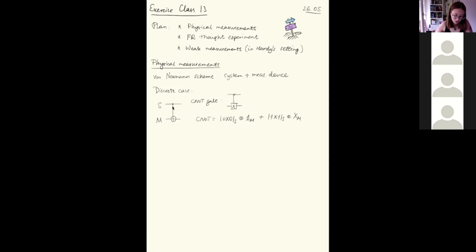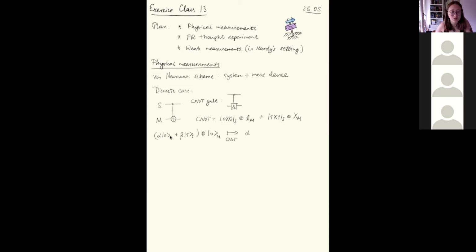M. Why? So for example, let us consider that the state of the system S is alpha 0 plus beta 1. And let us also assume that the system M is initialized in the state 0. Then the CNOT operation basically maps the state to the following state.